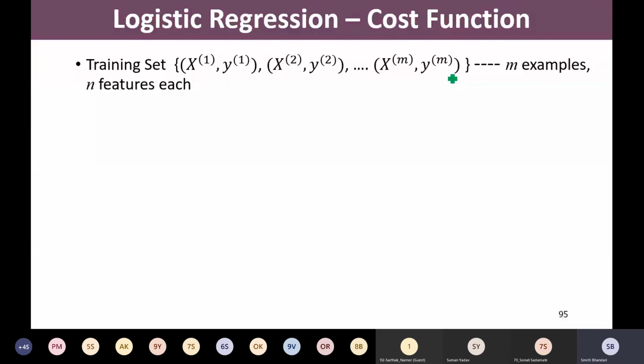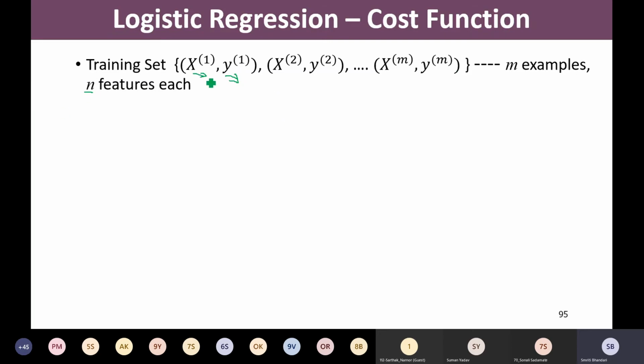So x denotes the input feature vector and y denotes the associated class label. So x1, y1 is meant for the first example, x2, y2 is meant for the second example, and so on. So we have a total of m examples in our training set, and every feature vector has n features.